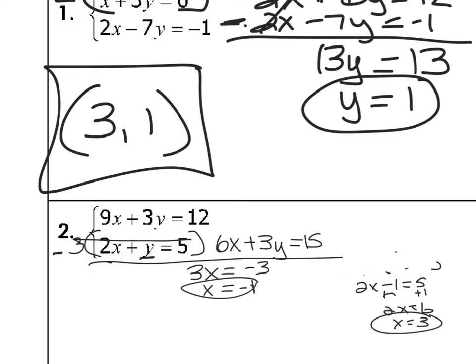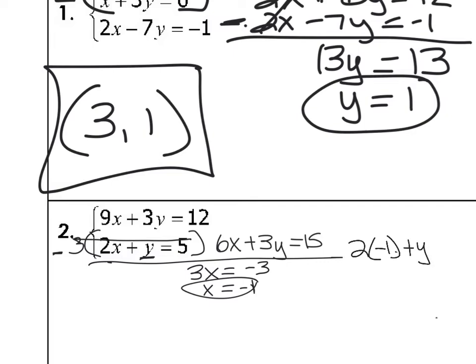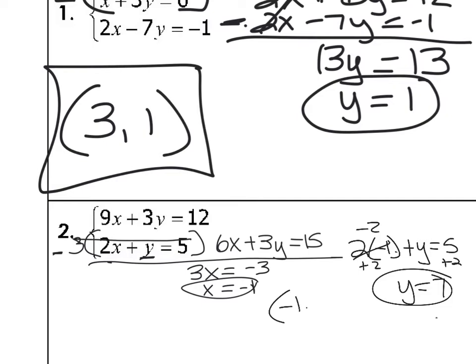I plugged the x in for y. My bad. All right, so x is negative 1 plus y equals 5. So this is negative 2, so we're going to add 2 to both sides, so y equals 7. So my solution is the ordered pair negative 1, 7.